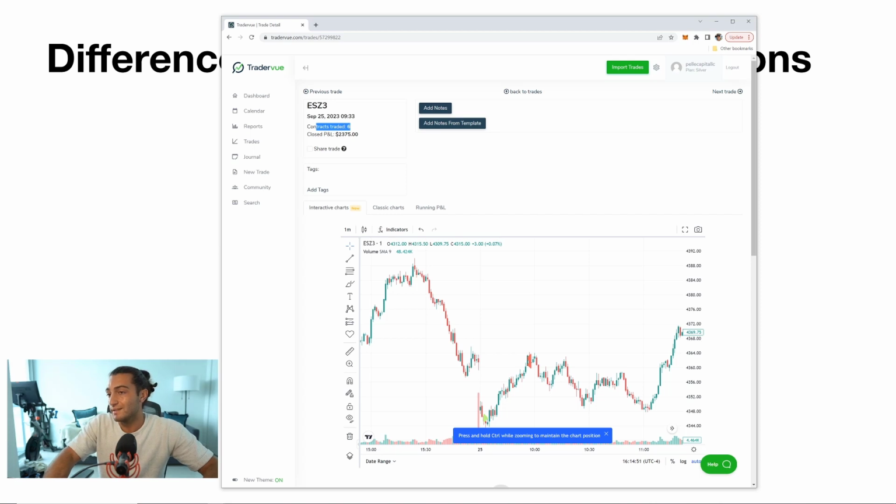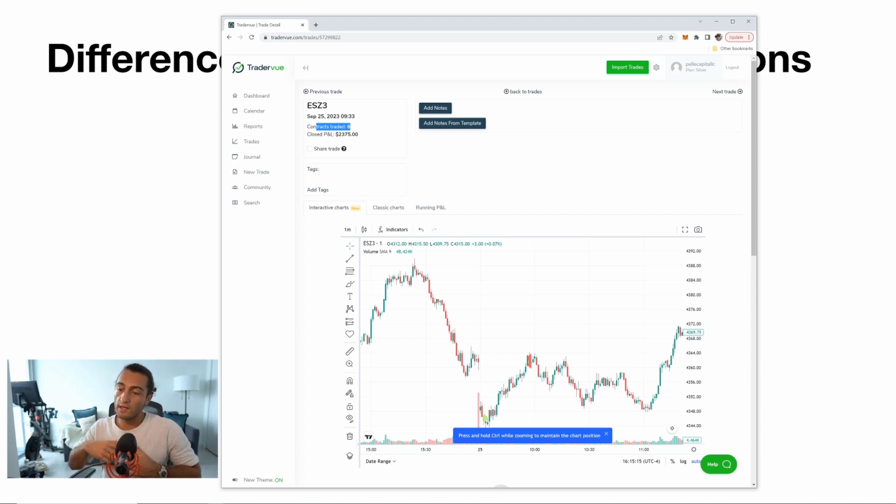If you're trading on TD Ameritrade, they're not a specific futures broker. They offer you stocks, they offer you options. So their margin's a lot higher. For you to open up 1 contract on the S&P 500, which is what we're looking at right here, you would probably need around $10,000 in your account minimum, just to open 1 contract.